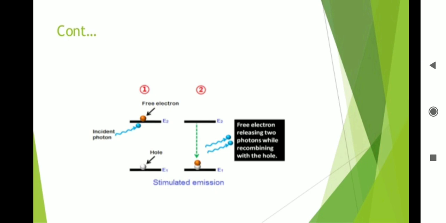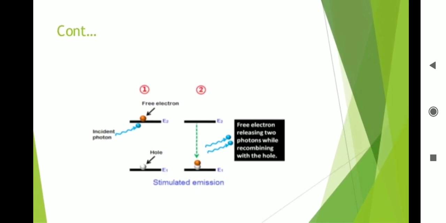For stimulated emission to take place, it is necessary to have a large number of excited electrons. This process, in which the number of excited atoms is made larger than the number of electrons present at the ground state, lower energy level, is called population inversion.